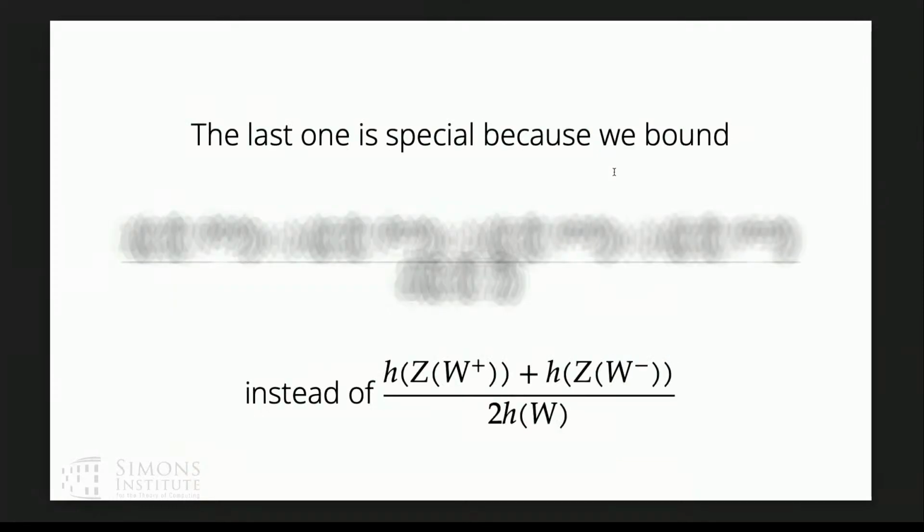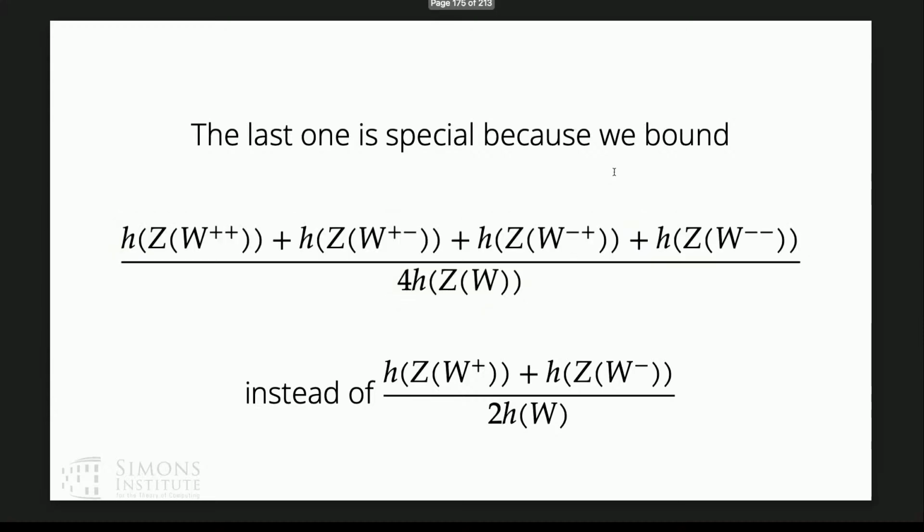Well, the last one is interesting because we bound something different than the quotient. We bound this two-step quotient instead of the one-step quotient. So think about that. What does this quotient mean? This quotient is in fact the square of this quotient if all the channels attain the supremum of this quotient.